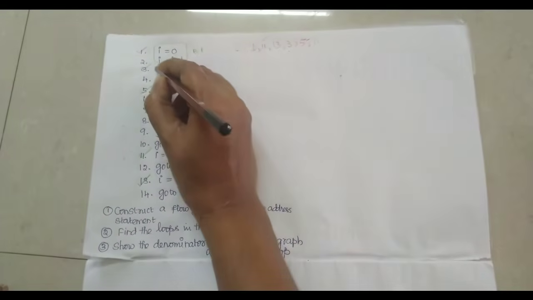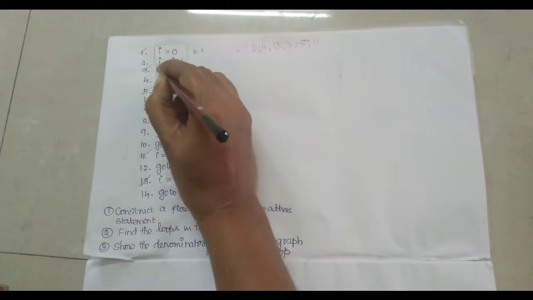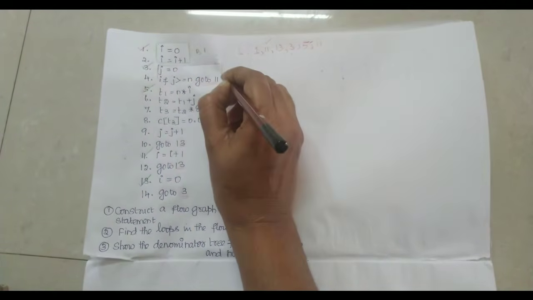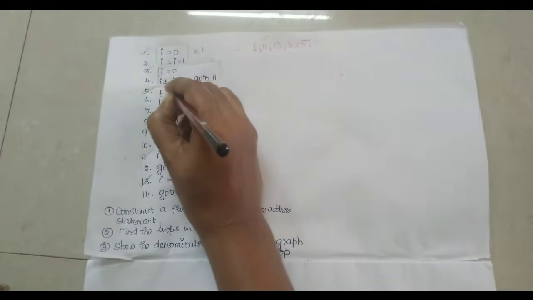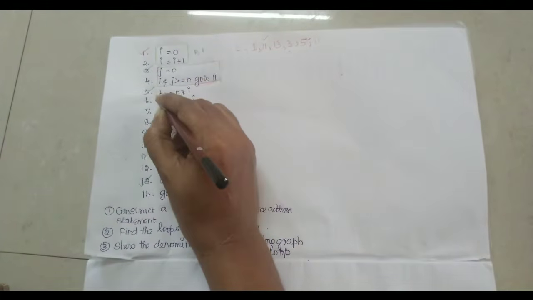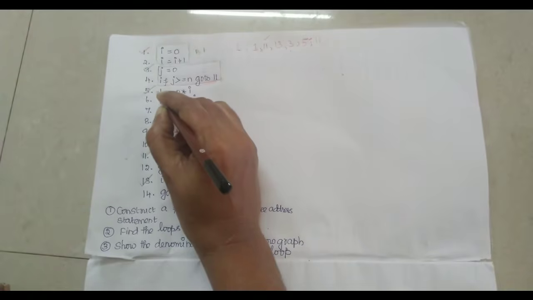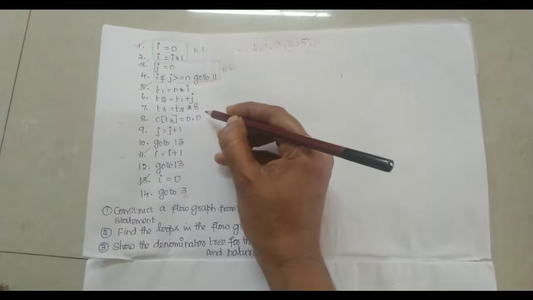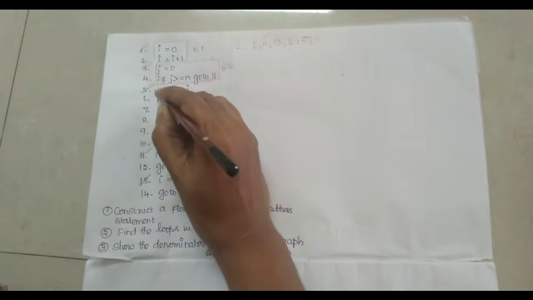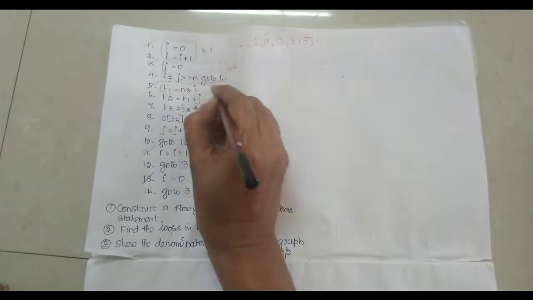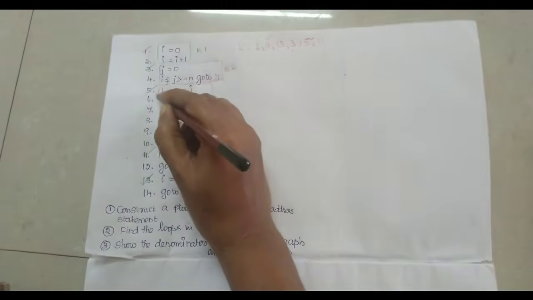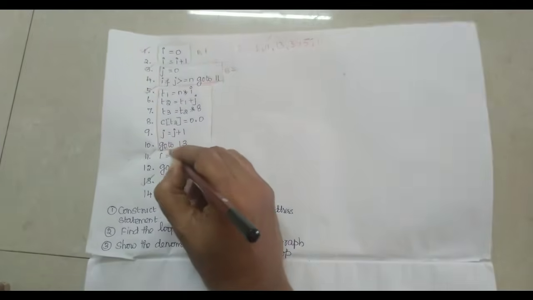And the second, let us construct the basic block starting from statement 3, and you have to continue up to statement 4, because the fifth statement is a leader and that is the start of another basic block. Let us take that as basic block number 2. The next one is from statement 5, and it goes up to statement number 10, because 11 is a leader for another basic block.